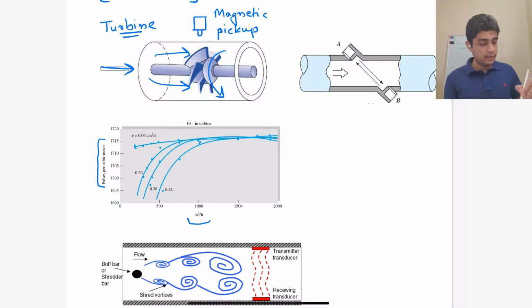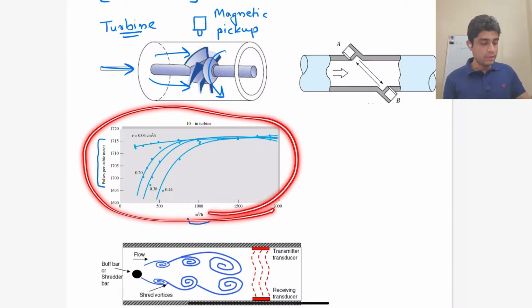This procedure is usually experimentally repeated for known flow rates for different fluids, so that we can come up with these calibration plots.